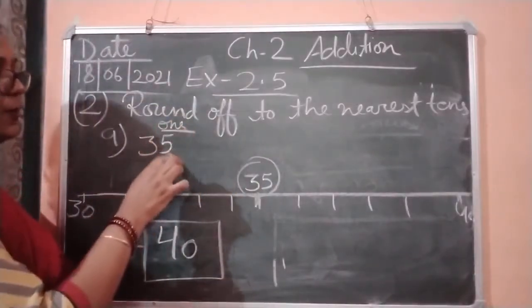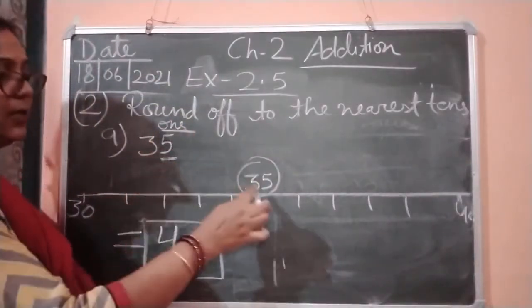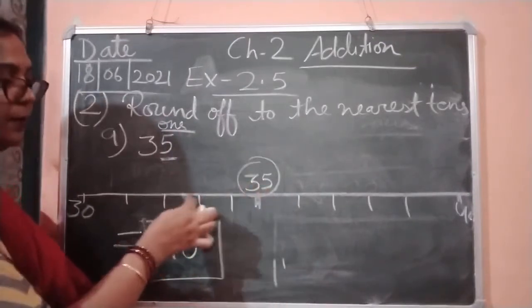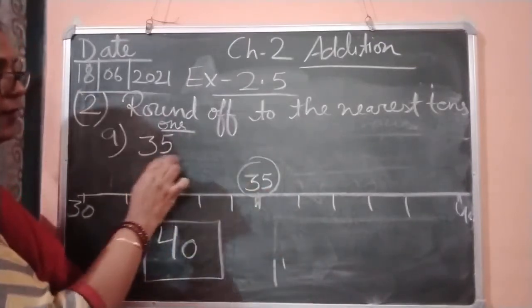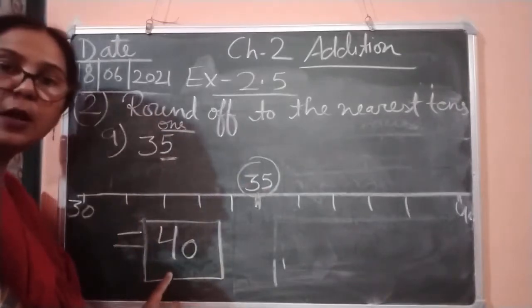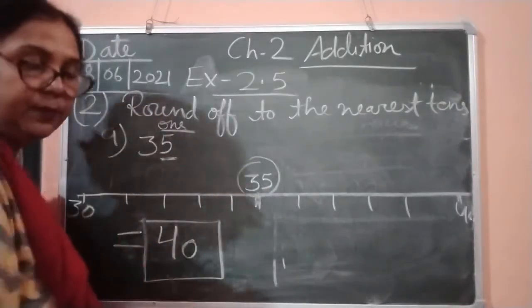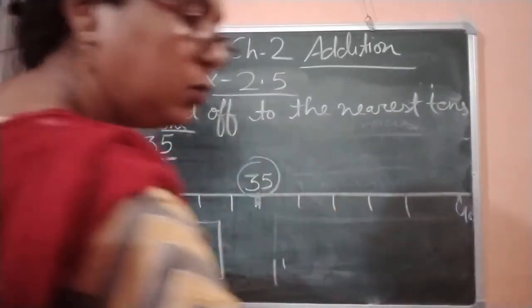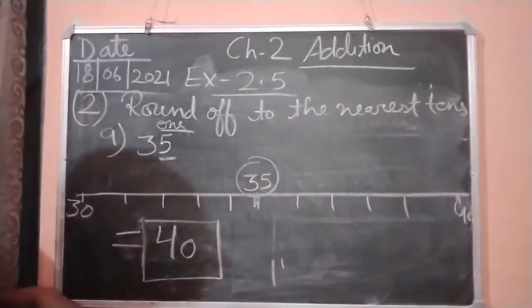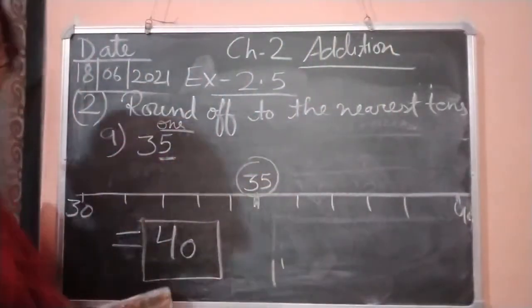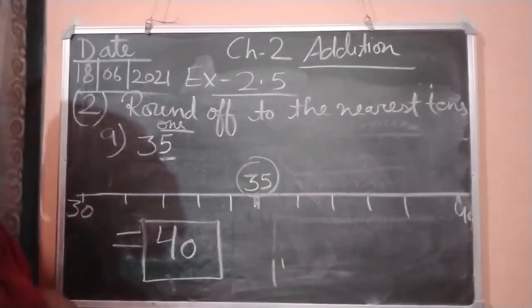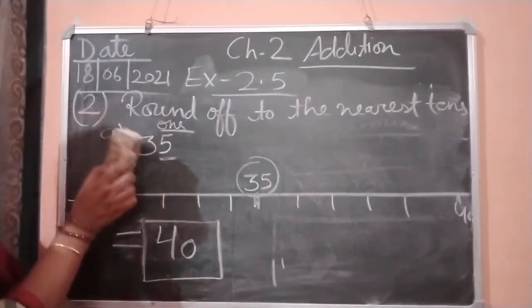The ones place is 5, which is more than 4, so we will write 35 rounded to 40. Now we are moving to the next one. I hope you have completed it. Now we are moving to B.